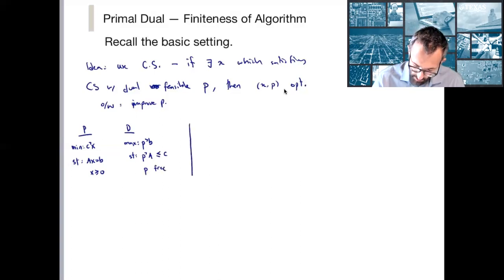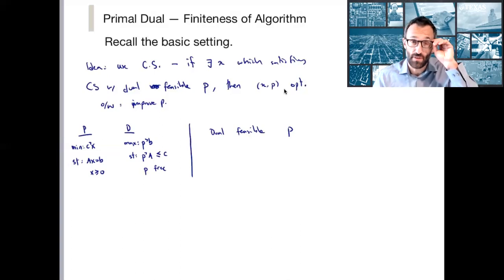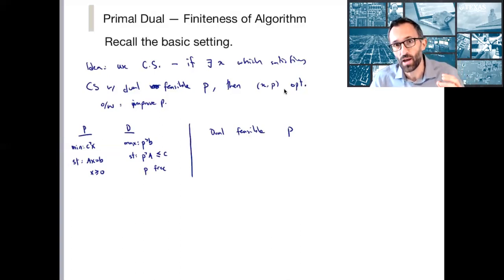So the primal dual framework says start with a dual feasible P and use this to define a restricted primal whose only goal is not going to be to minimize the objective. C is nowhere present here in what we're going to see going forward, but it's just to satisfy complementary slackness.